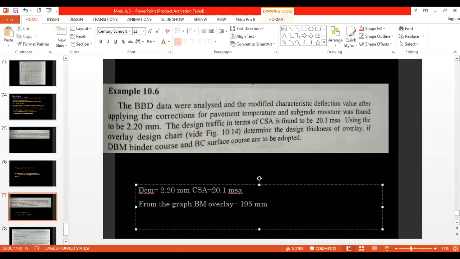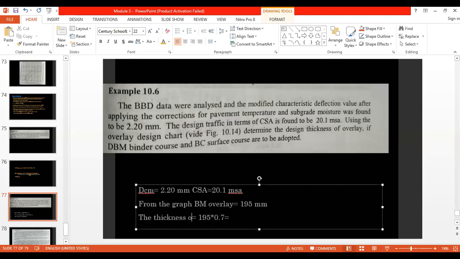You have to convert into an equivalency factor. So for BC, what will you do? BC is equal to 195 into 0.7. What is the answer? 136.5.